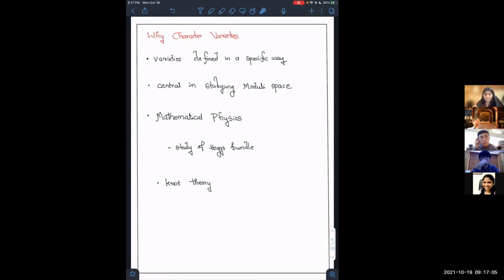There are different areas where character varieties are used, and it's also interesting because it brings together different disciplines like geometry, algebraic topology, and number theory. It's very rich in connecting these different areas, so mathematicians working in different areas are interested in character varieties for different reasons.